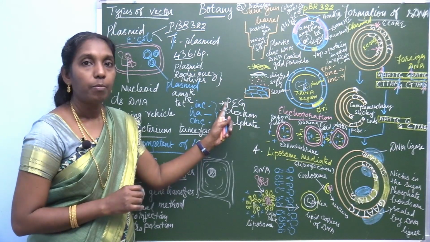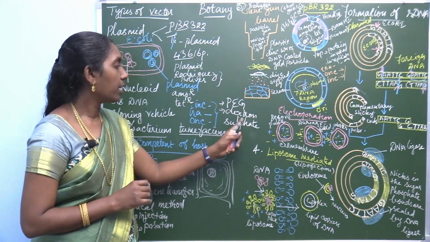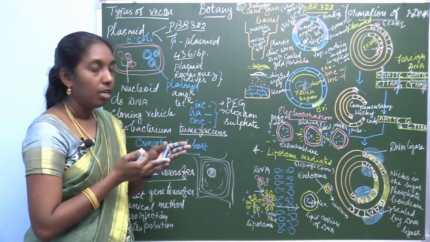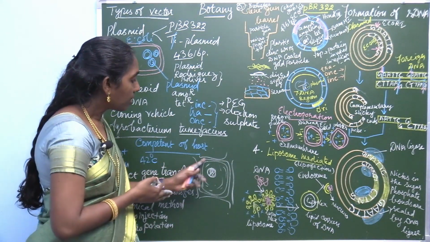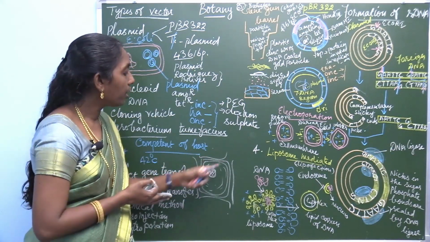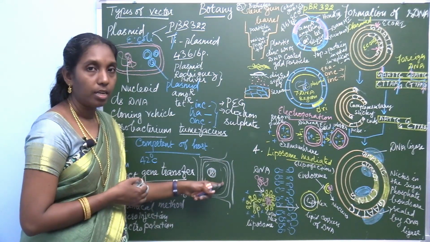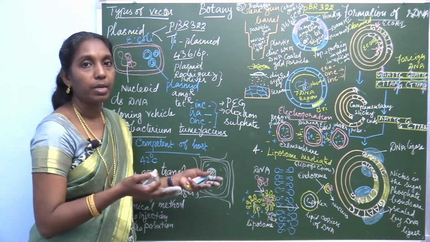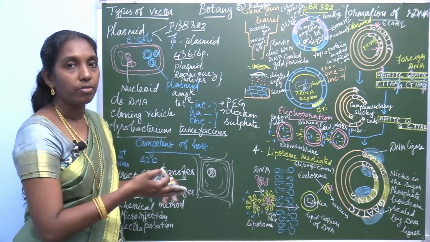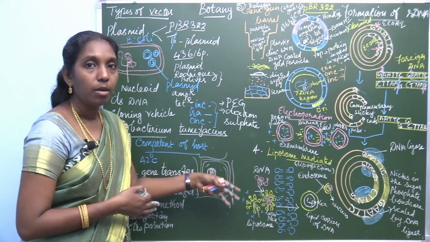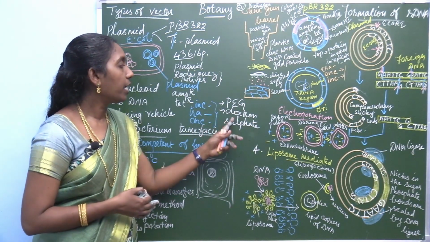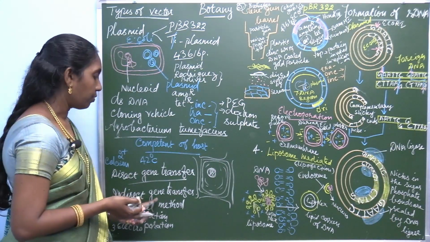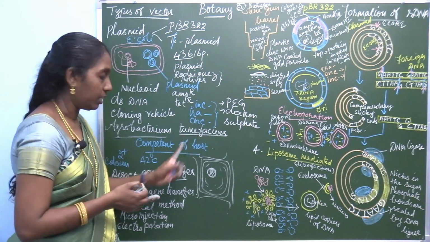When you immerse the cells in PEG, polyethylene glycol, or dextran sulfate, the cells become permeable to introduce the particular gene inside the target cell. That is the chemical method. It is a very simple method: we just treat the cells with chemicals, PEG and dextran sulfate. That gene can be transferred by this method.